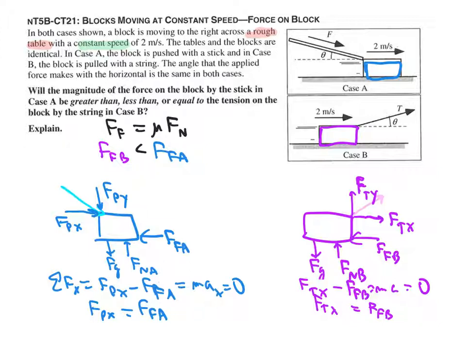Wow, well, we're almost there, but now we're going to have to look at more room, and I don't need the free body diagrams anymore. What I have just discovered is that since FFB is less than FFA, then FTX is less than FPX.